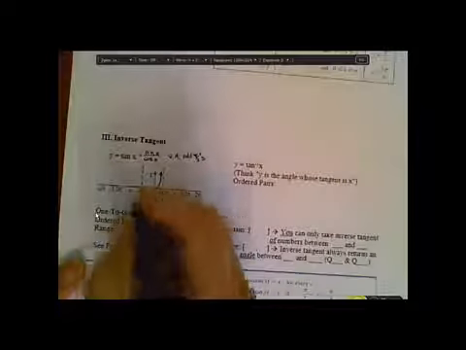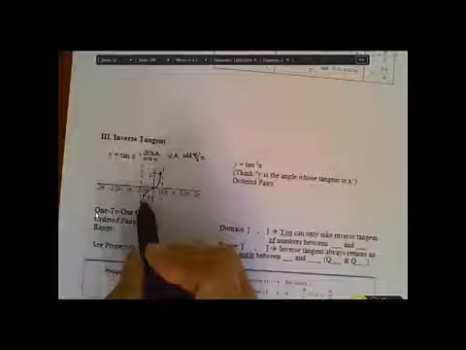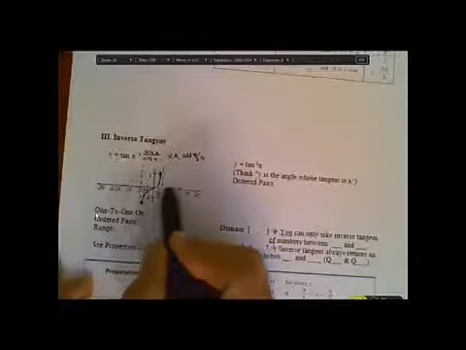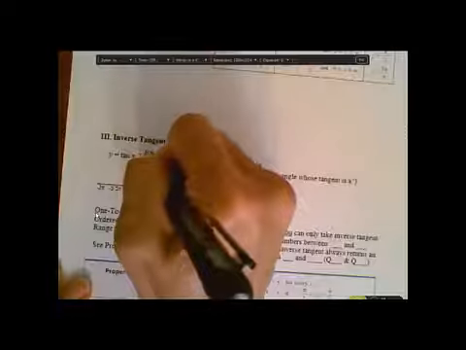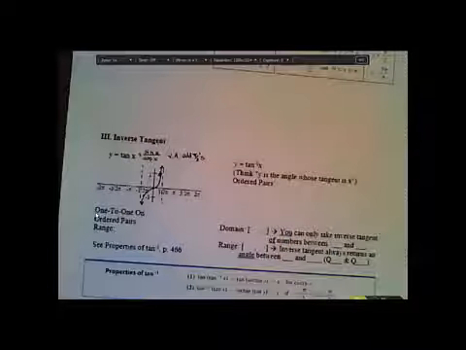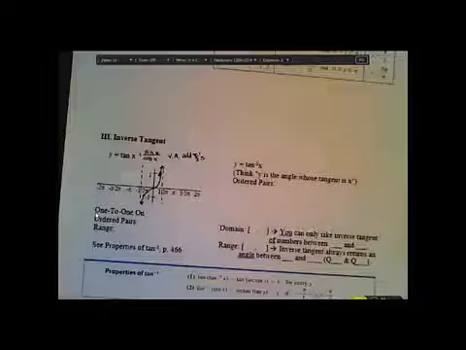Tangent of negative quarter pi is negative 1. Tangent of positive quarter pi is positive 1. So tangent is 1-to-1 from negative pi over 2 to positive pi over 2.